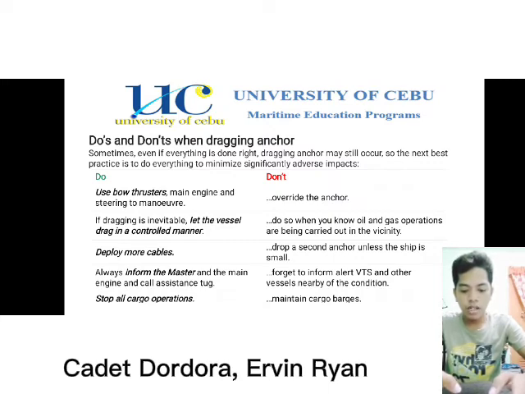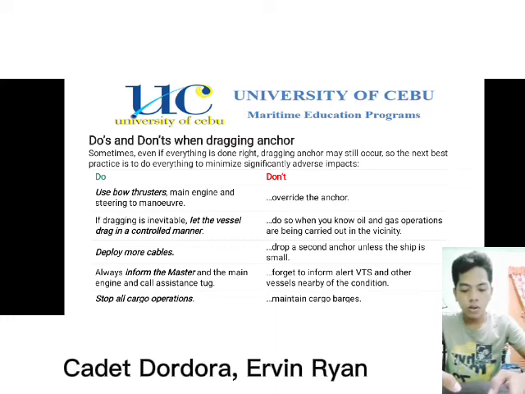If dragging is inevitable, let the vessel drag in a controlled manner. Deploy more cable. Always inform the master and the main engine and call assistance tug. Stop all cargo operations.